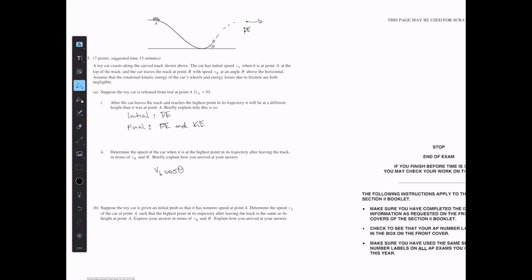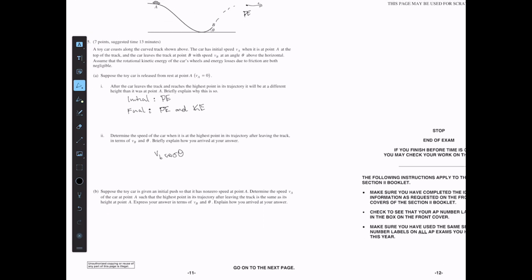Okay, and then last one. Suppose the car is given an initial push. Determine the speed vA such that the highest point in its trajectory after leaving the track is the same as its highest point at point A. So initially, there's going to be potential energy and kinetic energy. And then finally, there's going to be potential energy and kinetic energy.